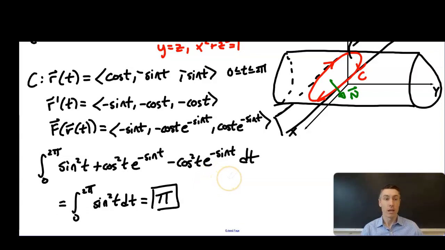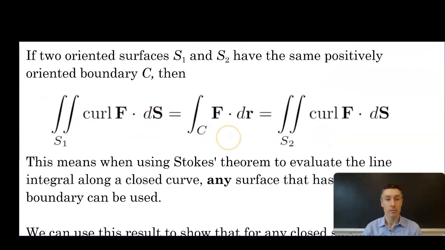Now, the last thing we need to talk about is when we're looking at a boundary curve and going to a surface integral, do we always have to use the surface they give us? If two oriented surfaces, S1 and S2, have the same positively oriented boundary curve C, then the surface integral of the curl vector field is going to be equivalent for both surfaces.